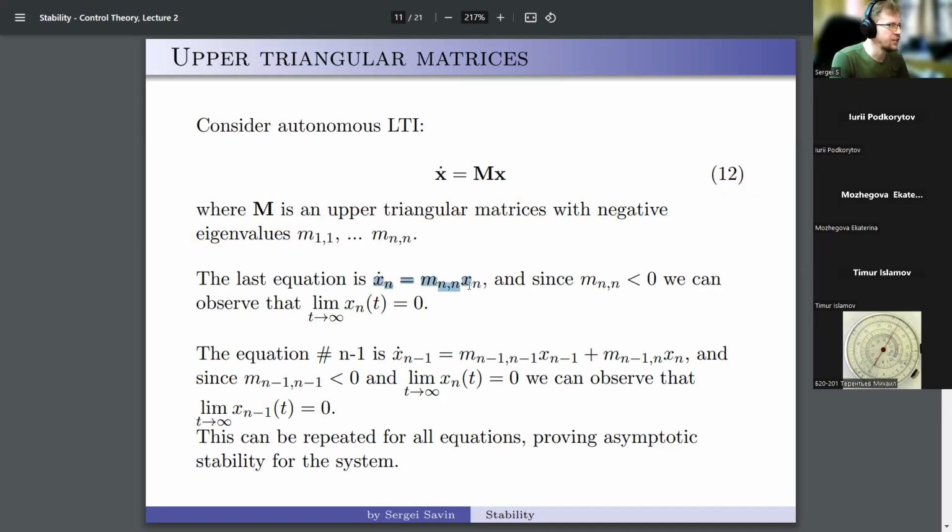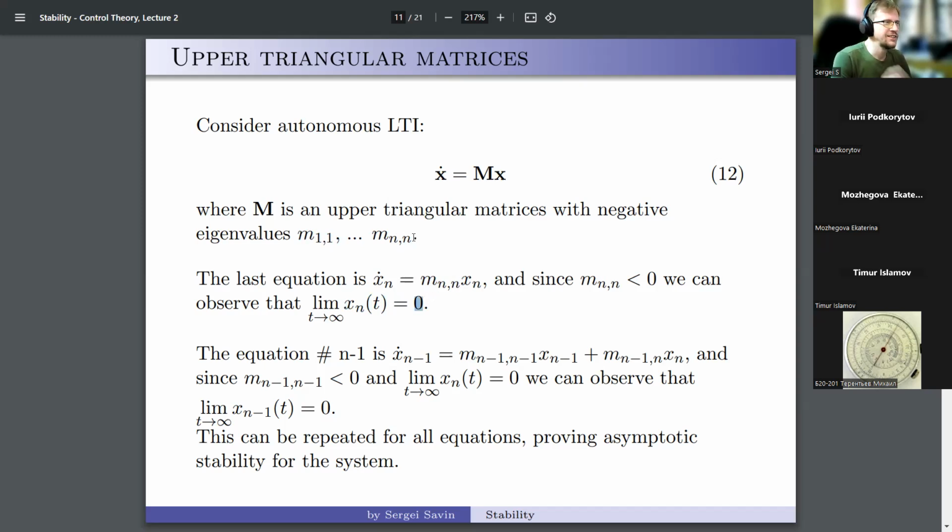So basically, the last equation looks the same as in the diagonal case, for which we know how the solution works. It's going to be e to the power m t, and we said that all of those eigenvalues are negative. So this is a negative number, which means that this solution converges to 0. So x_n, as time goes to infinity, goes to 0.